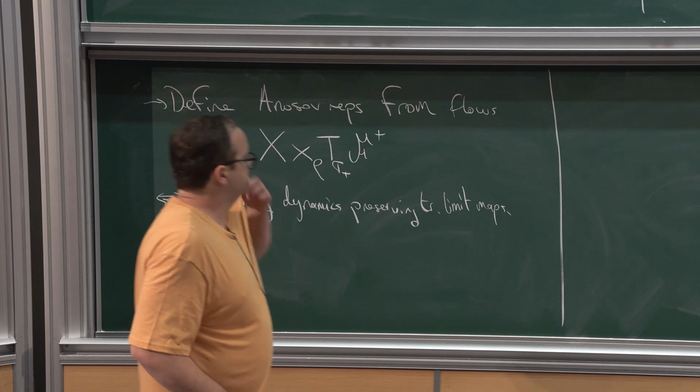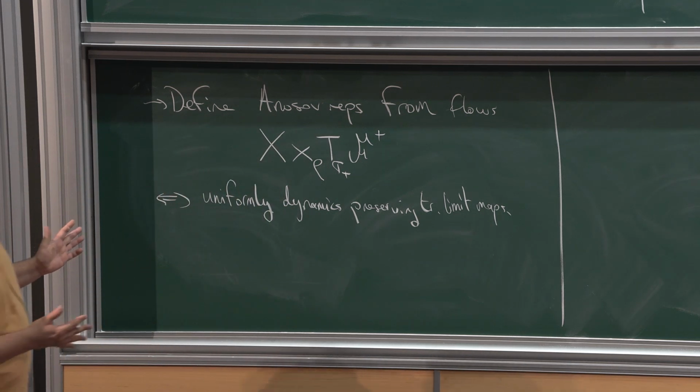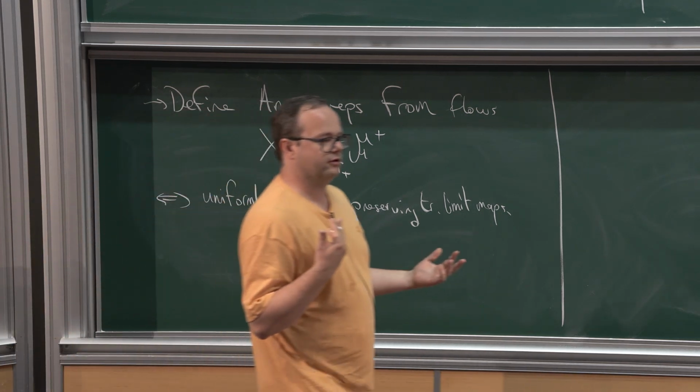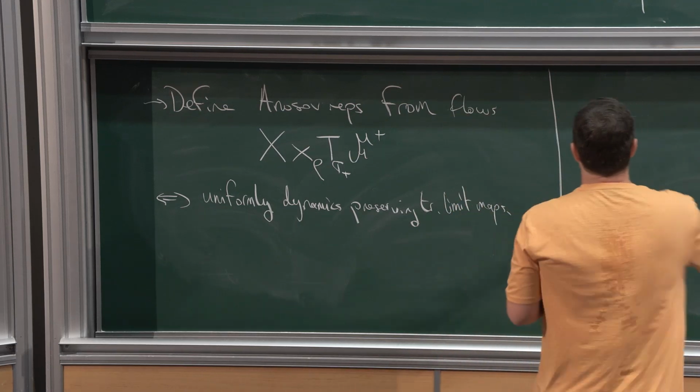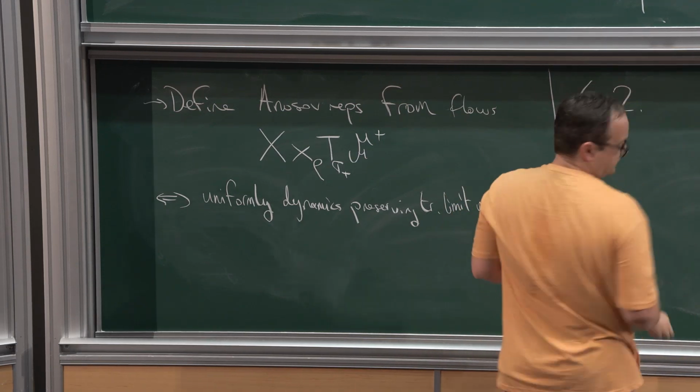All right, so now what we are going to want to do is do the same thing as we have done before, constructing some axiom A flows, but with this more general setting.